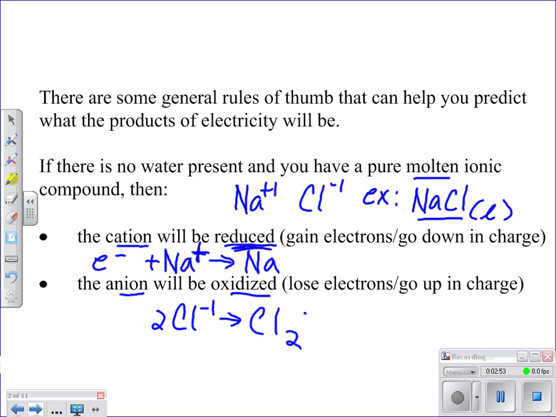This is going to be oxidation because you've got your 2 electrons on the right-hand side. You're losing those electrons. So what we see in these rules makes sense to us, that your cations, just by necessity of how it works out, are always going to be reduced, and your anions are always going to be oxidized. You just go back to what your original ions are, and it will always work out that way.